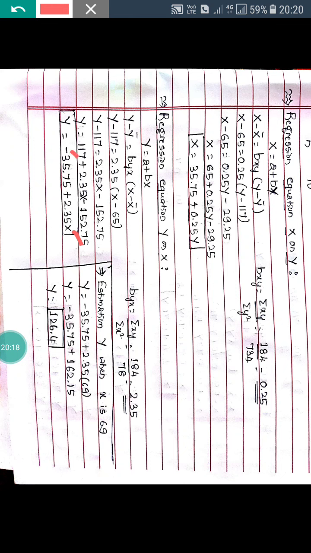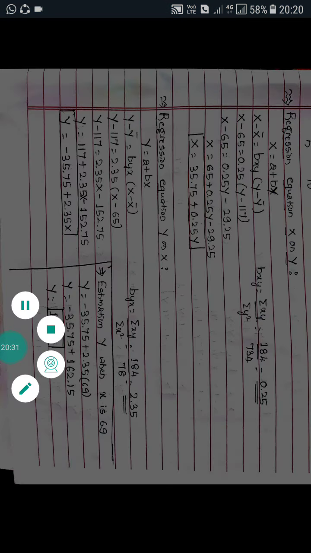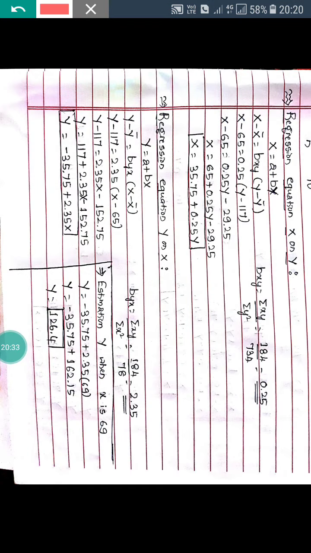Now 117 minus 152.75, we got minus 35.75.